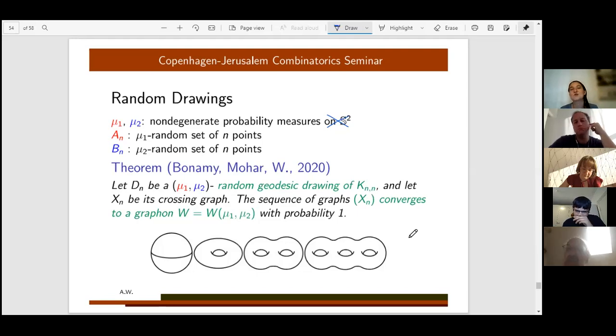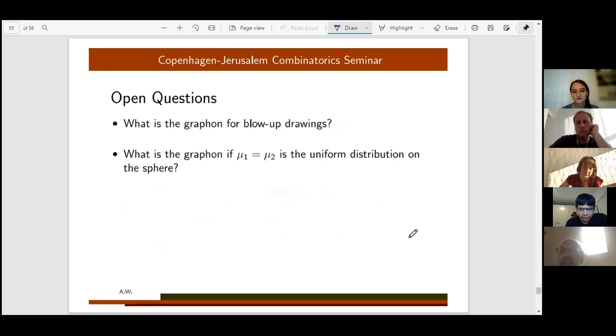It would be nice to look at some of these surfaces, maybe some sequences. Maybe in some cases we can describe this graphon W very well. An open question that arises directly from this line of research is, can we describe the graphon for blow-up drawings?